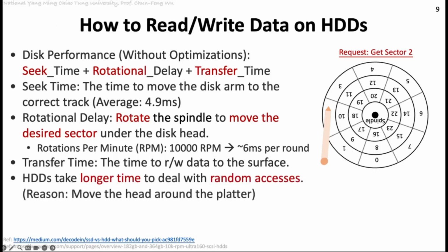This is the reason why a hard disk drive takes longer to deal with random access, because the rotation delay and seek time are about moving the platters and the head all around.